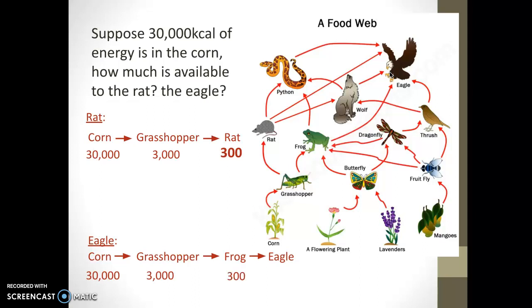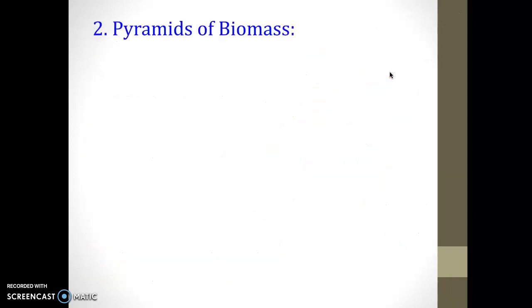Going to the frog, we lop off another 0. And when we get to the eagle, that eagle is only getting 30 kilocalories of energy. That's why these organisms near the top have to eat so much, because they get only a few calories from everything that they eat. All right, we're going to come back to that in a minute.